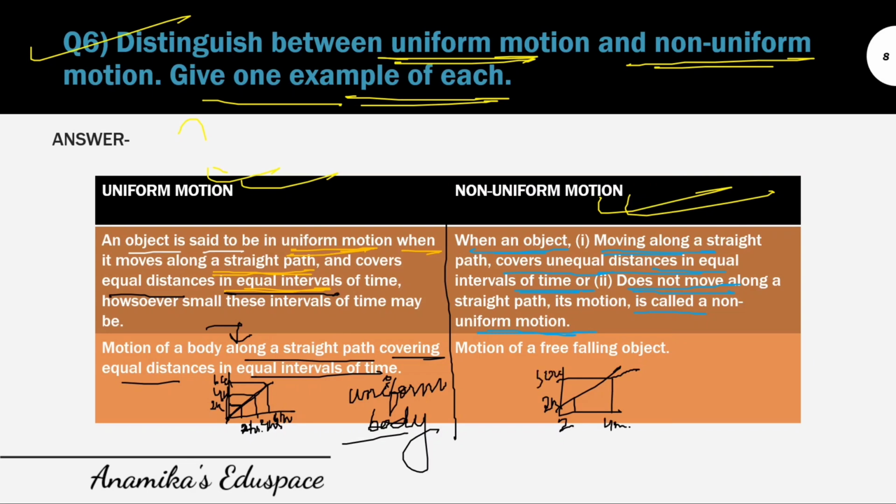So this is non-uniform, right? Here the difference is 2, here the difference is much more than 2. So it is not uniform. Motion of a freely falling object is a non-uniform motion because it is traveling at irregular intervals of time.